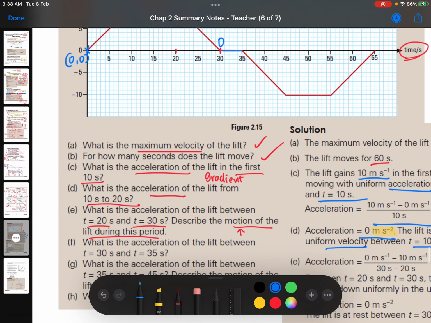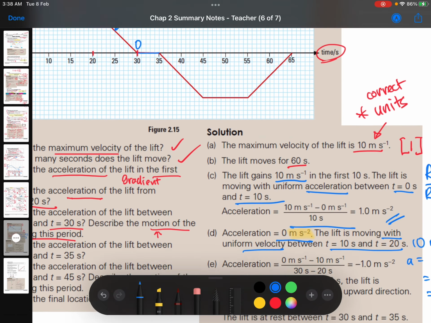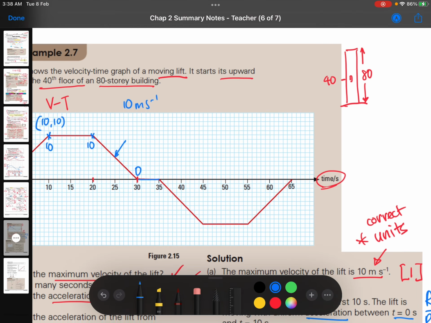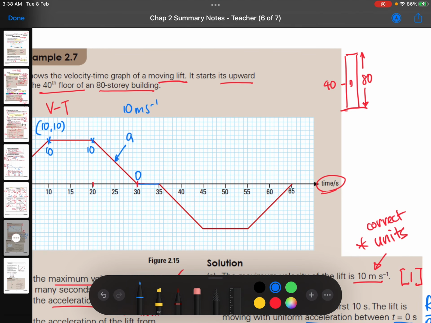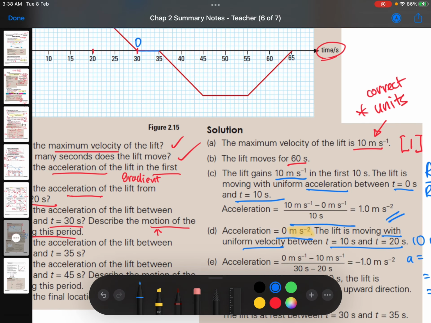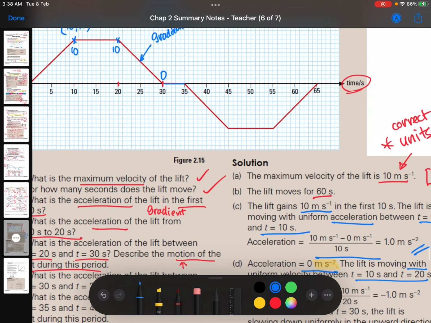So now let's look at E. If you want to look at the acceleration, once again, acceleration you can determine by using gradient. So this gradient is rise over run, right?